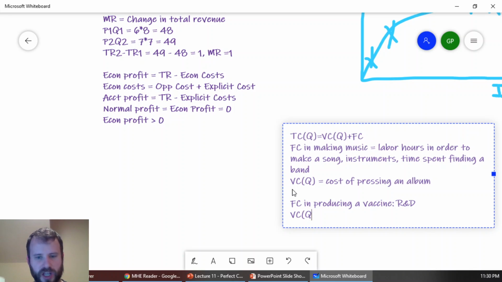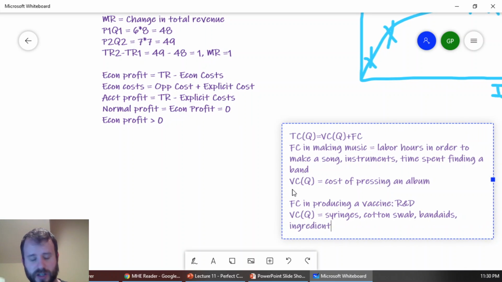Variable cost will be your syringes to deliver the vaccine, cotton swabs, Band-Aids, and that kind of stuff. The ingredients for the vaccine, right? Maybe you need a certain number of cells. I don't know the first thing about science, but that kind of thing. The different things that, if you're selling per quantity, have to go into it.